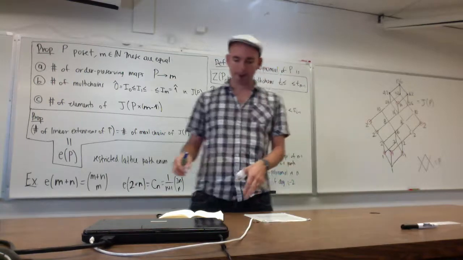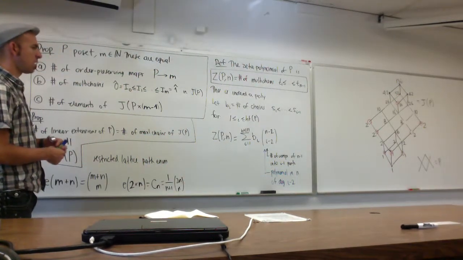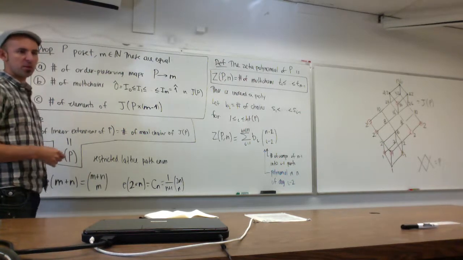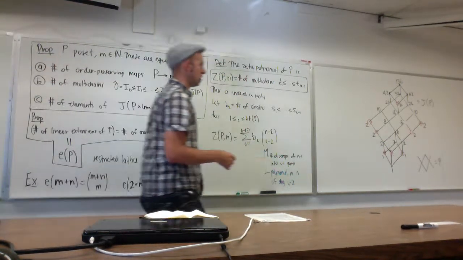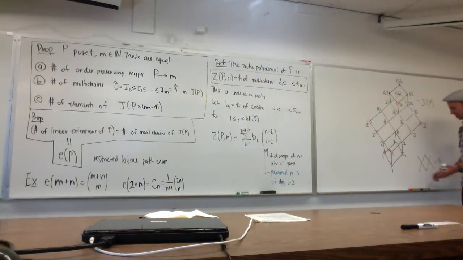Yeah? I forgot what a multichain is. A multichain is a chain where you can repeat elements. So a chain is that you go here, then here, then here.